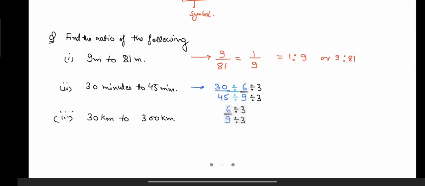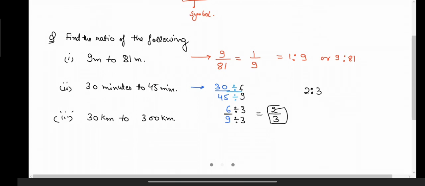The answer was 6 by 9, and this could be further written as 2 by 3, and 2 by 3 is the simplest form of this second question. So my ratio will be 2:3. From this I can also say that the HCF of 30 and 45 was 15. If you knew that, it would have become very easy for you to solve.